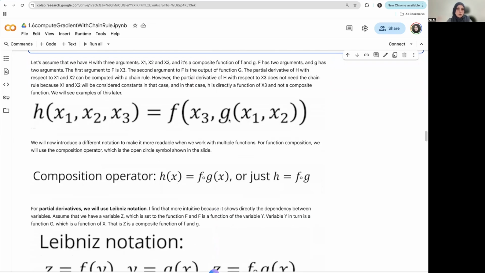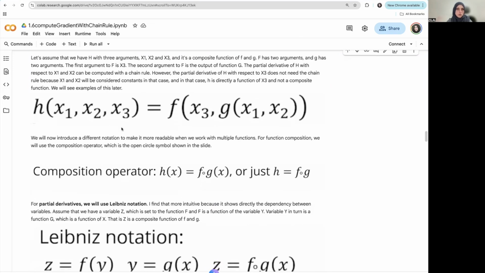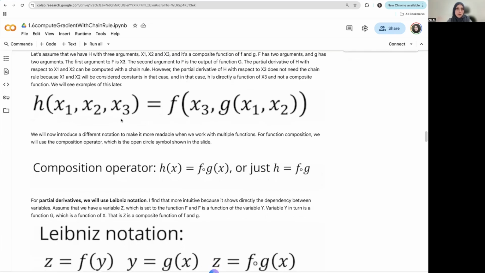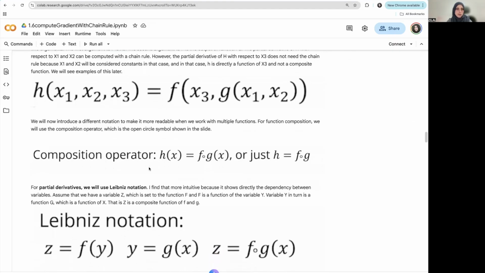The partial derivative of h with respect to x1 and x2 can be computed with the chain rule. However, the partial derivative of h with respect to x3 does not need the chain rule because x1 and x2 will be considered constant in that case. H is directly a function of x3 and not a composite function. We will see an example of this later.